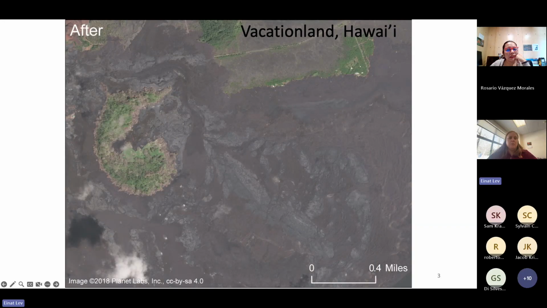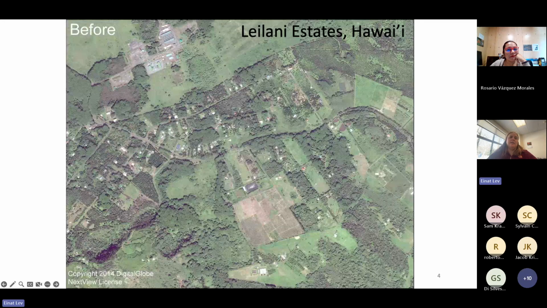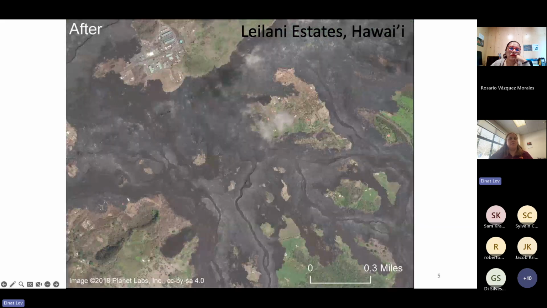So terrible devastation. And then this is Leilani Estate, a little bit further up the eruption flow channel path, and this is where the actual vent was. So this is before the 2018 eruption, and this is after.